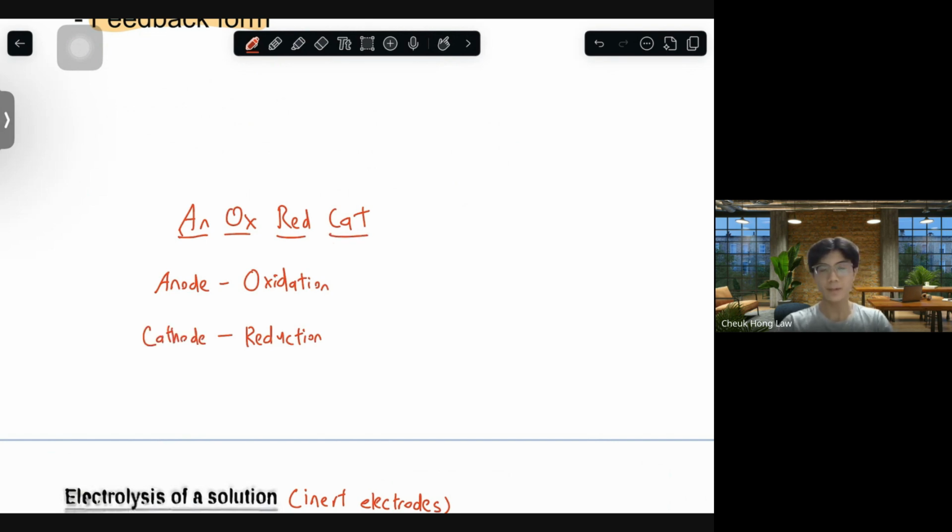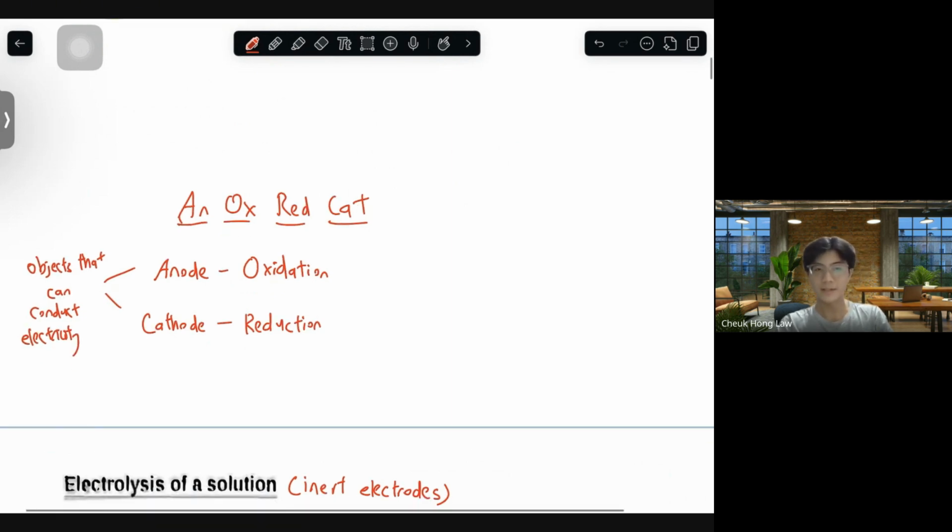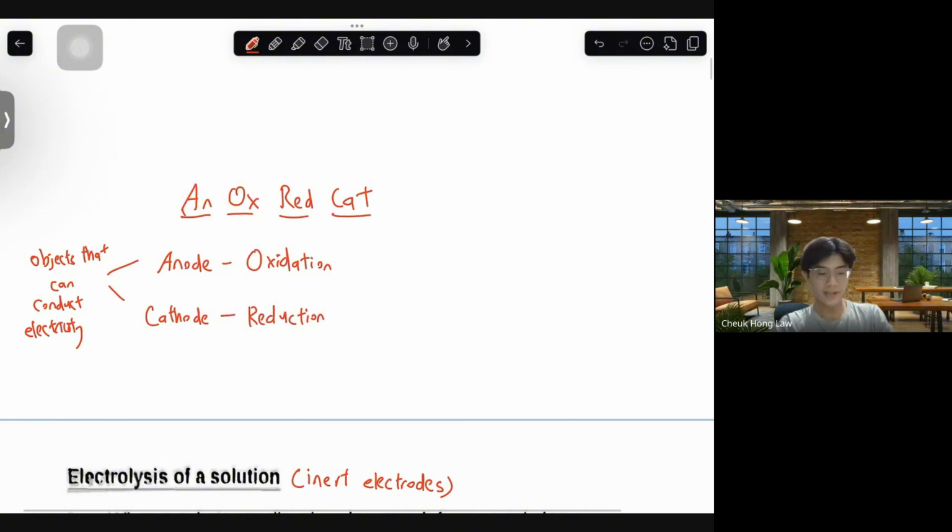Okay. So basically, if you don't know what anode and cathode is, just think of it as objects that can conduct electricity. So what I'm saying here is that at the anode, the process that will take place is always oxidation.